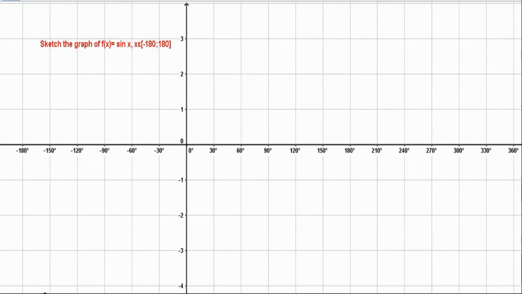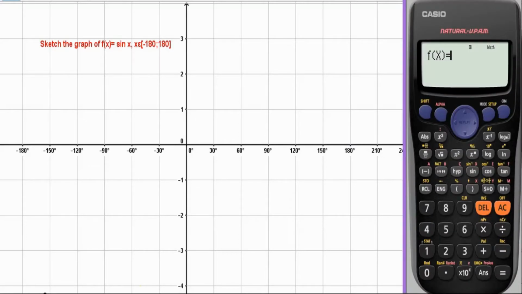Now let us make use of the calculator. We use the Casio FX82 here. Okay, so when you open the calculator, there is nothing there. To draw the function graphs, we need the table mode.